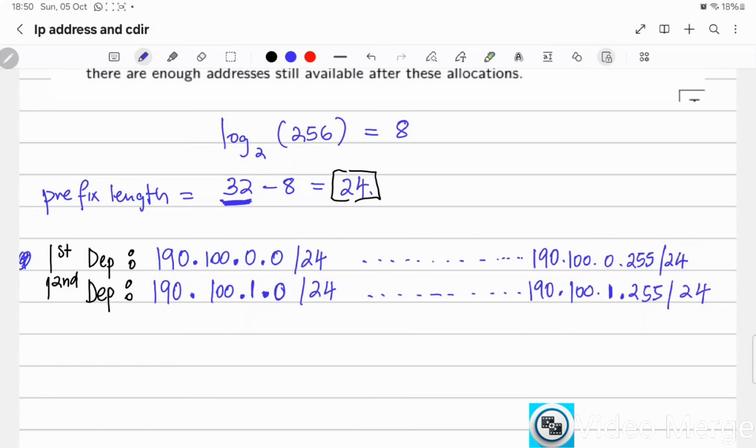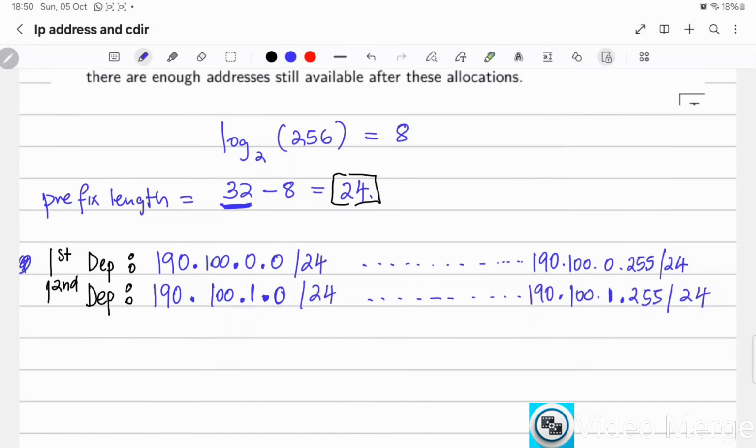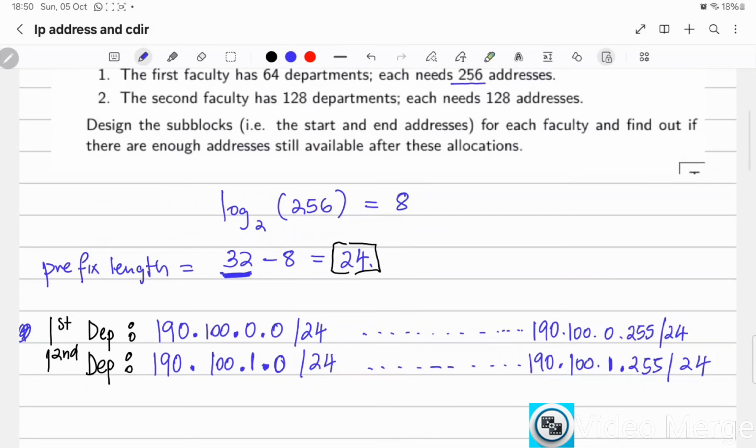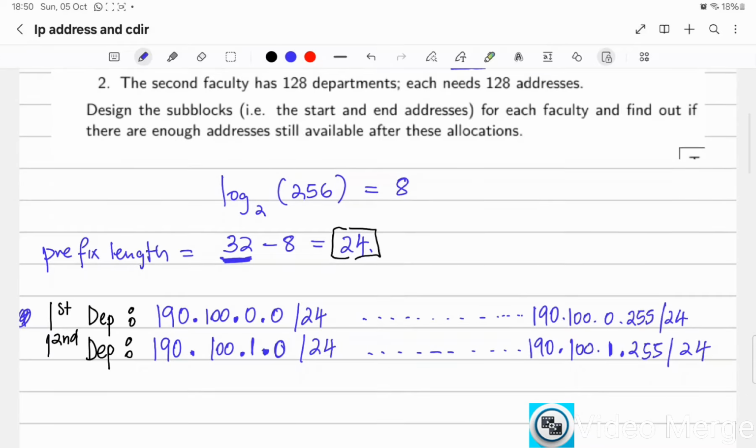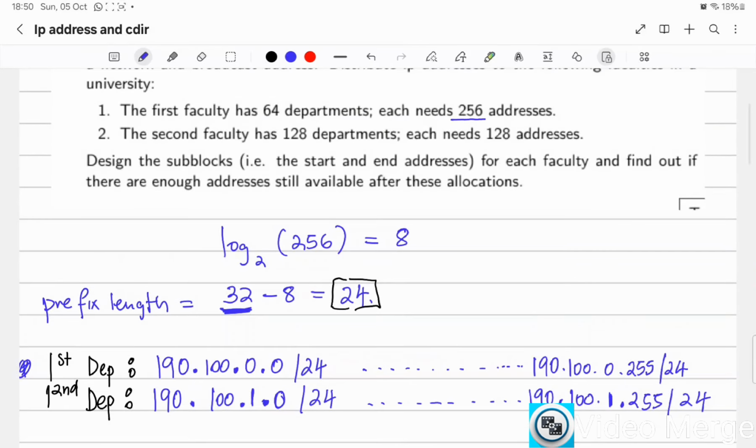Now here's where it gets tricky. We cannot calculate all these departments, like 1, 2, 3, 4, until the 64th department. That really gets tiring to do.